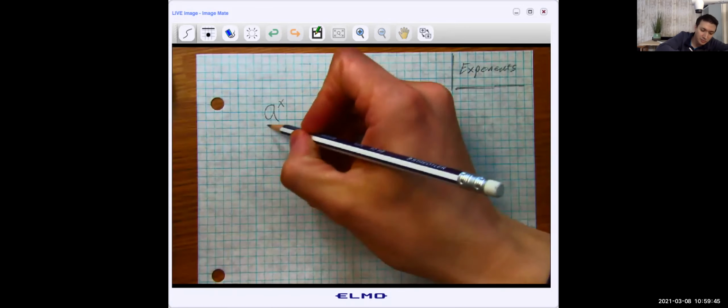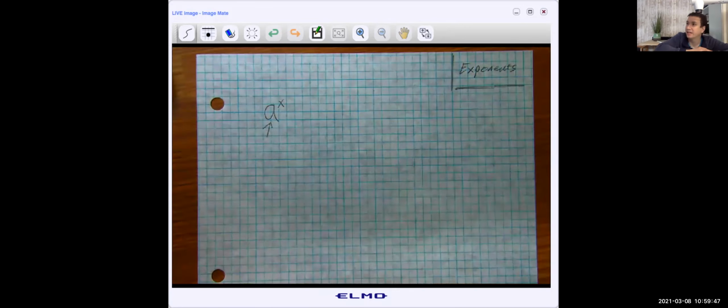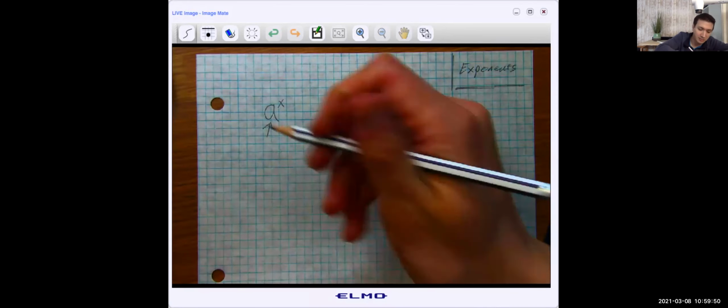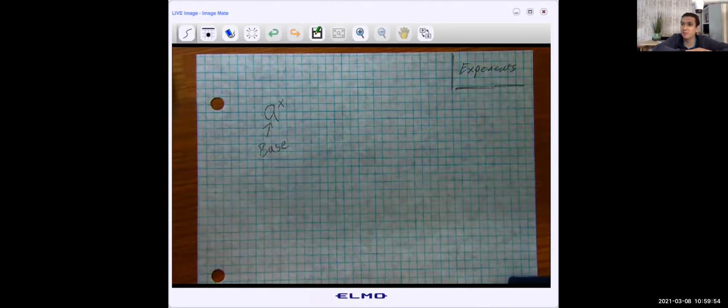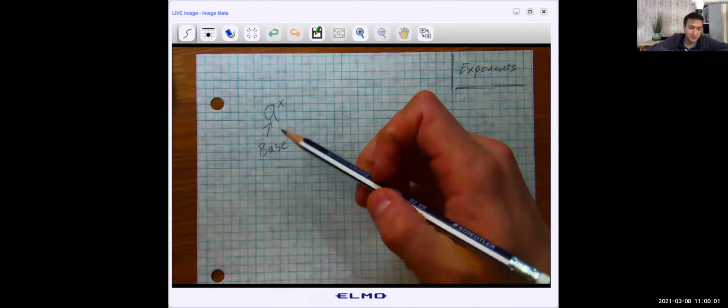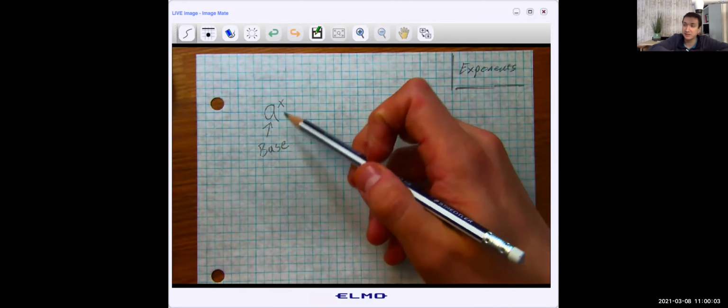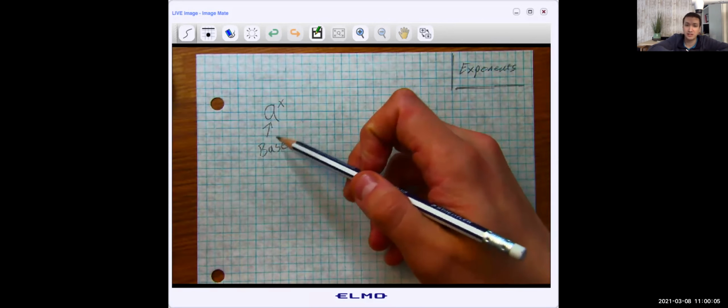Okay. So whatever number is here with exponents, this is what we call a base. The base is whatever number you're going to raise to the power. Like in the example, I had 10 as a base. You can use a variable if you want. You can call it A, B, C, whatever. Or you could actually put a number in there.